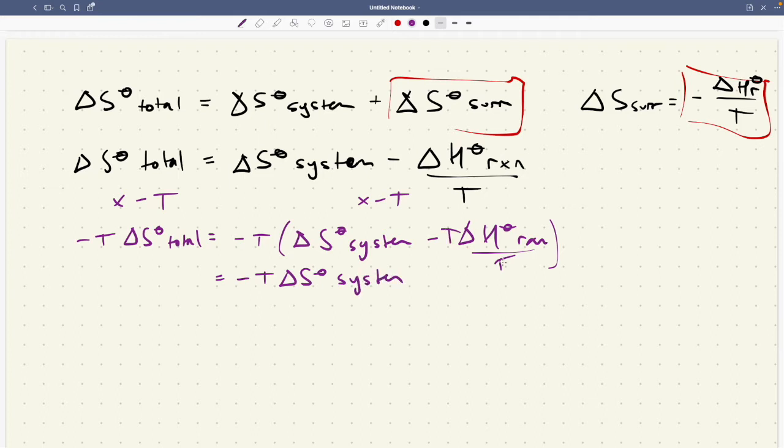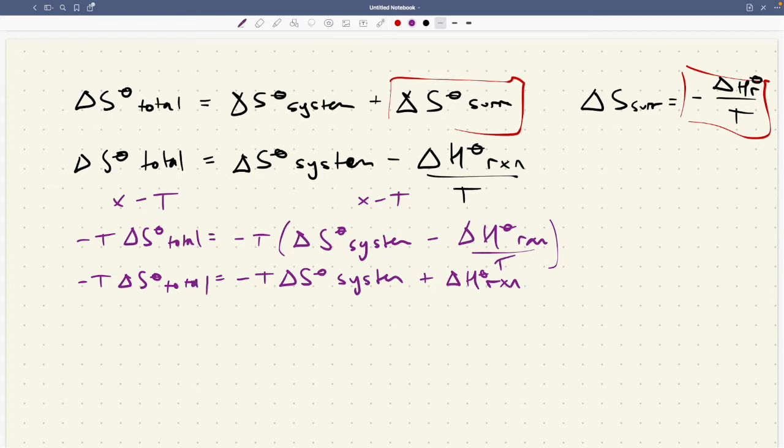And then T divided by T, they're going to cancel out, aren't they? A minus times a minus, we're going to end up with plus the delta H of the reaction. So this is equal to minus T delta S of the total.